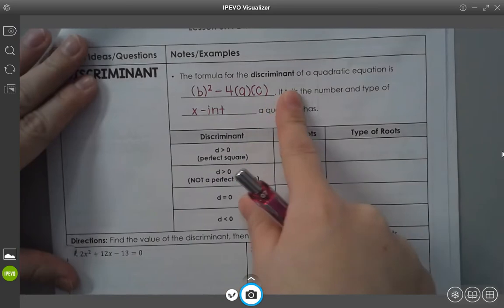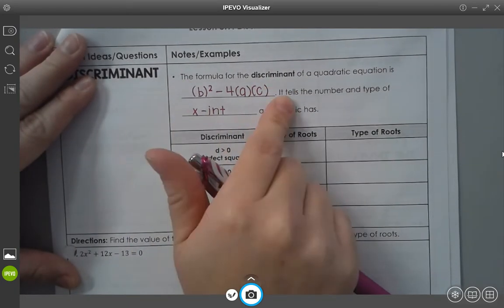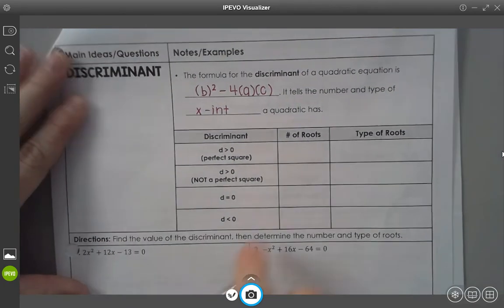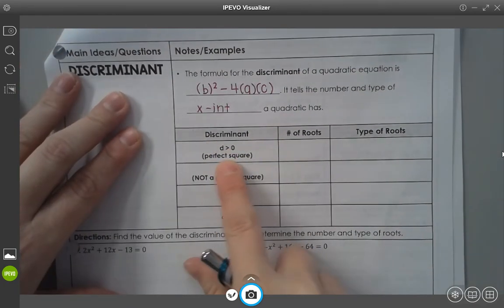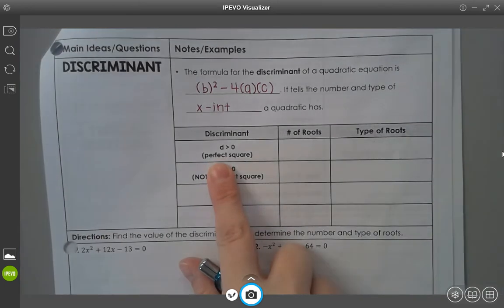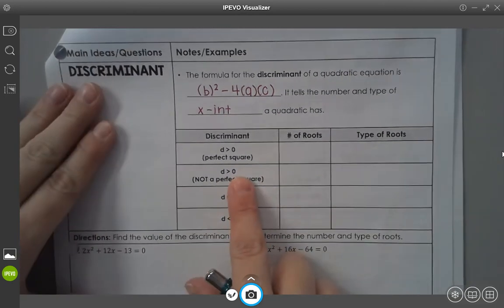So once you look at a quadratic and you type in this formula and you get your number, if your number is bigger than 0 and it's a perfect square, so I've listed over here and on the front of the board those perfect squares: 1, 4, 9, 16, 25, 36, and so on.